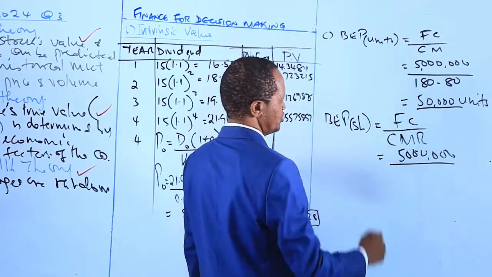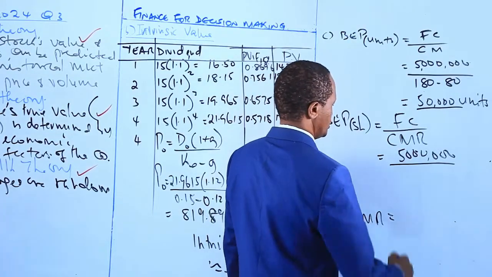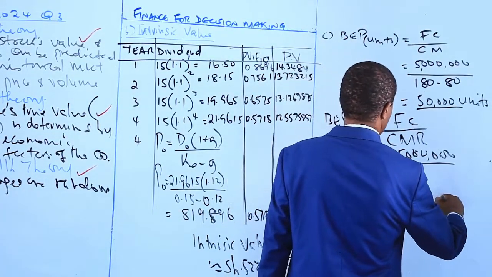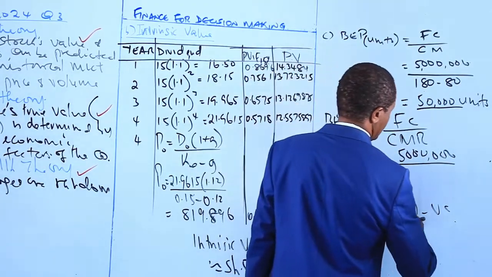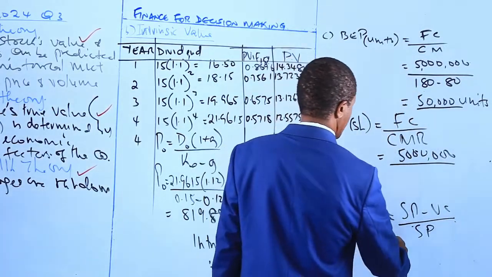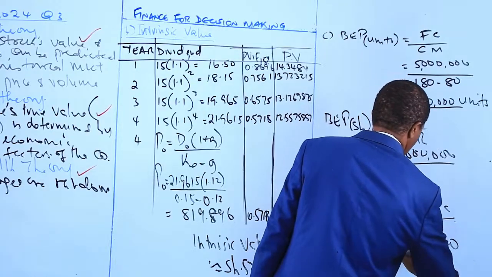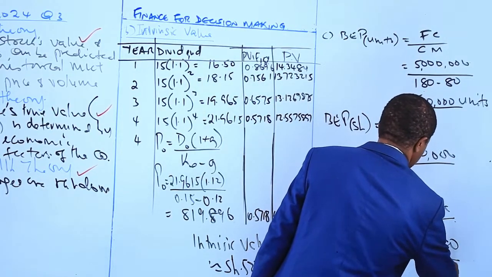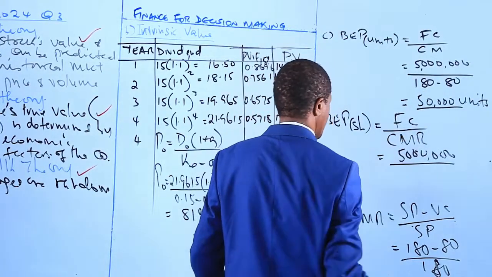How do you calculate the contribution margin ratio? It is equal to the selling price minus variable cost, that gives us the contribution, then we divide by the selling price. So this will be equal to 180 minus 80 over 180. So that will be the contribution margin ratio.